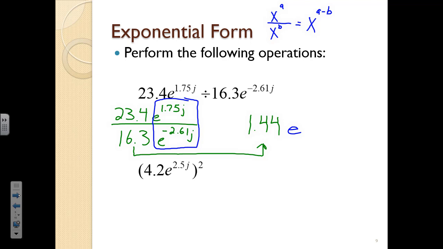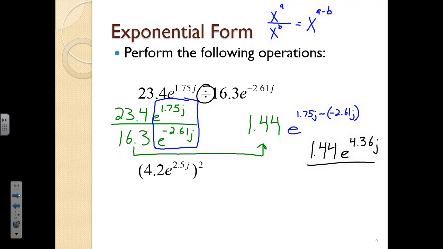So that means that e to the 1.75j over e to the negative 2.61j has got to be 1.75j minus a negative 2.61j. Or in other words, we can conclude that this is 1.44 times e to the 4.36j, and we're done. So if we're in exponential form, we can perform division and multiplication just as easily as if it was in polar form.